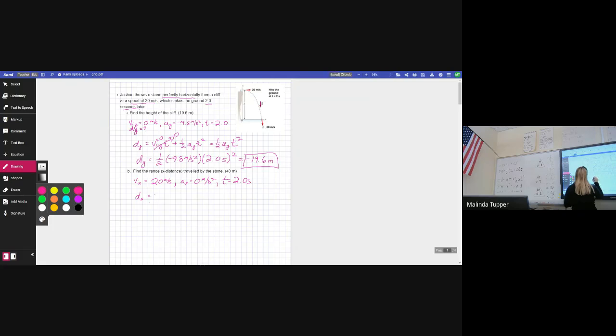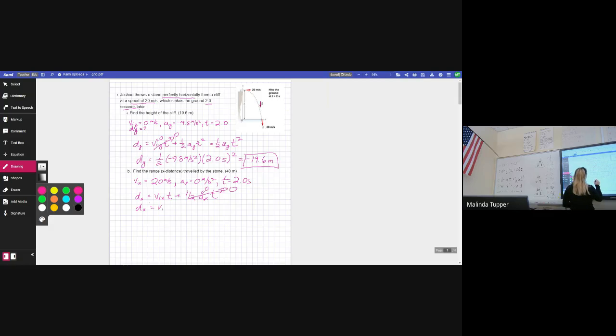So dx is dix times the time plus 1/2 the acceleration in the horizontal direction times the time squared. Because acceleration is 0, this whole term becomes 0.